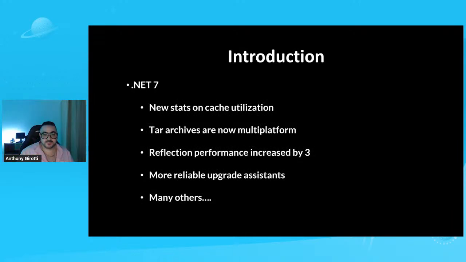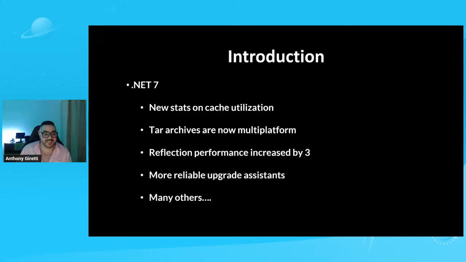New statistics on cache utilization weren't available before. Tar archives are now multi-platform. It was only for Windows before. Reflection is really more performant. For those who like reflection, performance has been increased by 3, so you can use it as you wish.